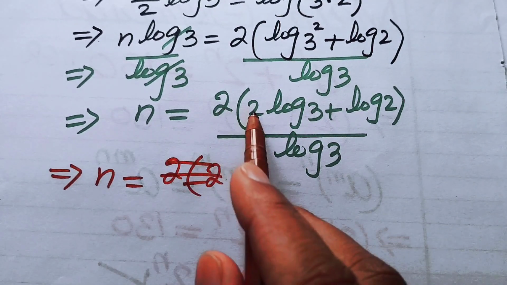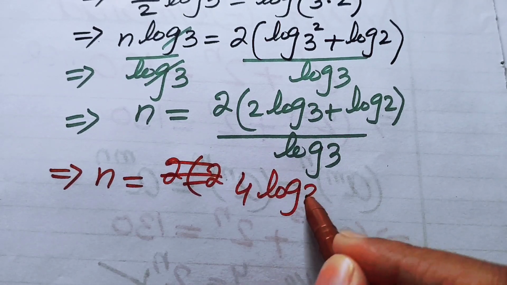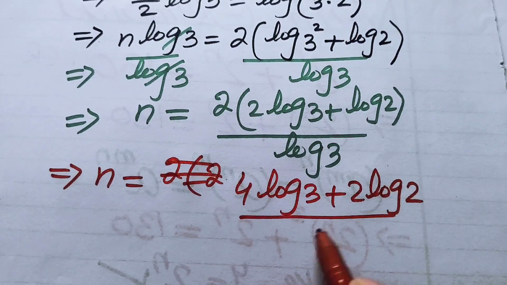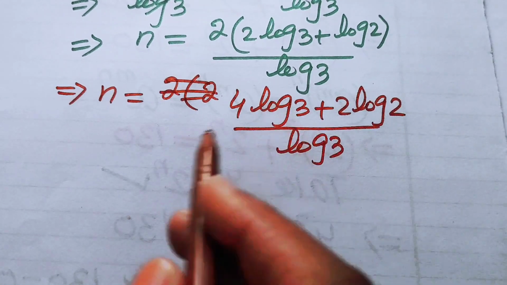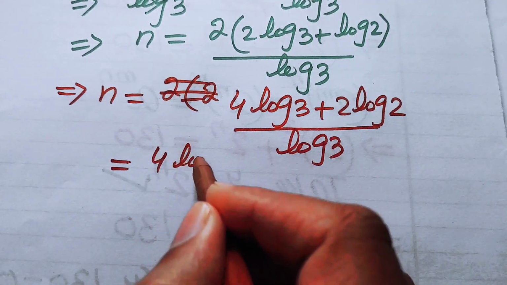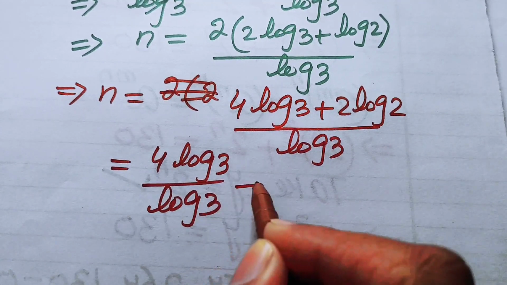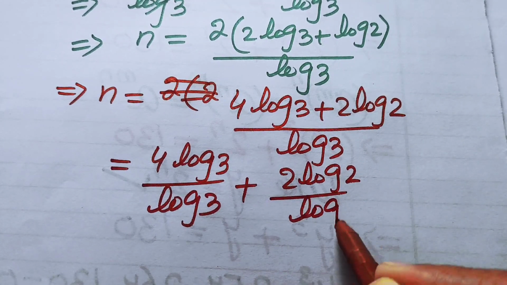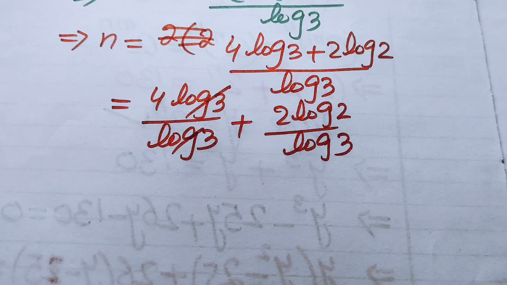So you multiply this 2 on both of the terms, then you get (4 times log 3 plus 2 times log 2) over log 3. And now we separate these two terms, and you get 4 times log 3 over log 3 plus 2 times log 2 over log 3. So here you see that these two terms are gone.